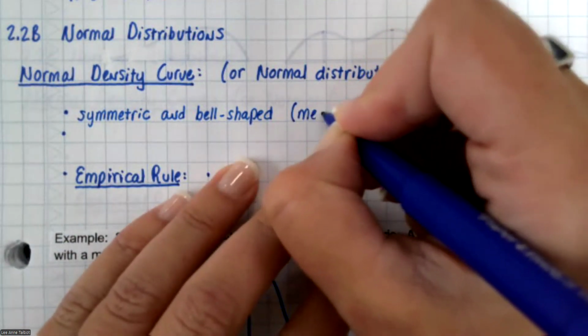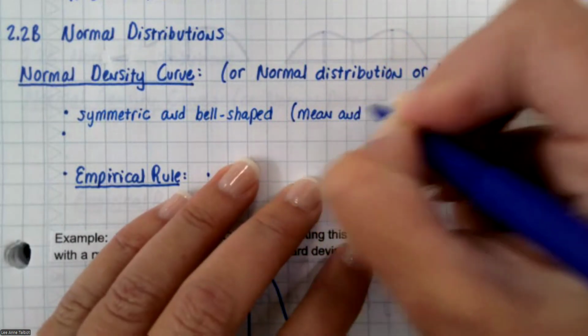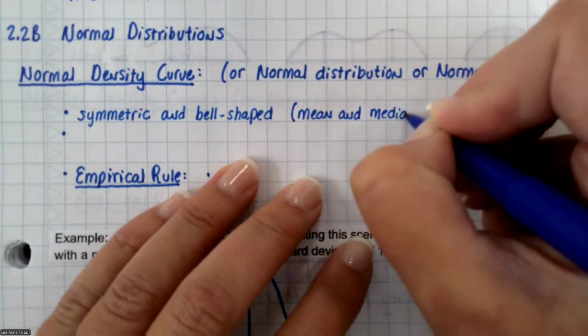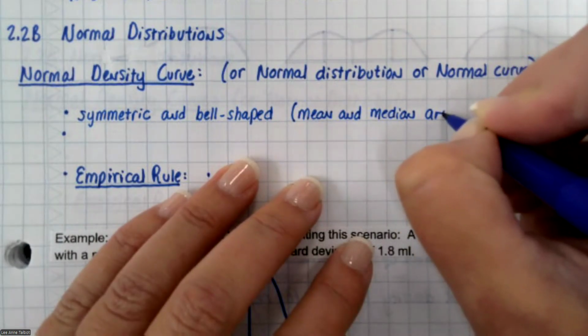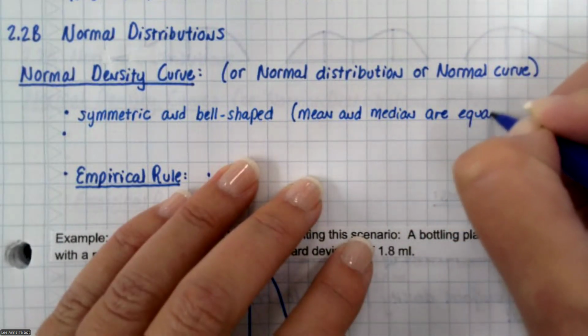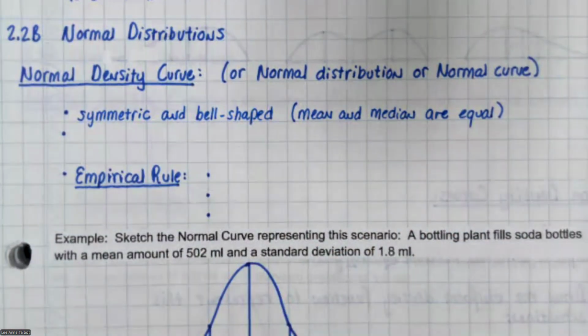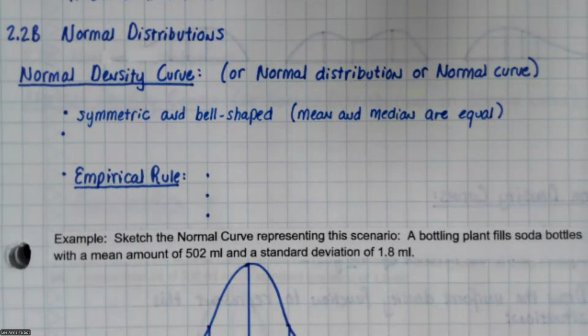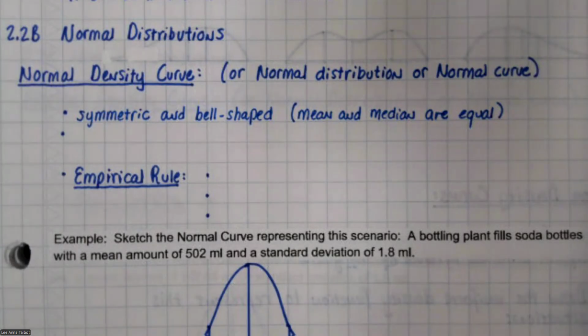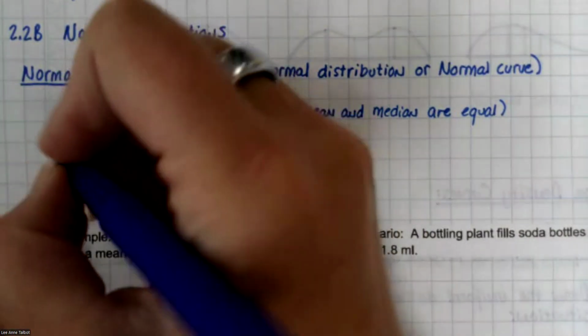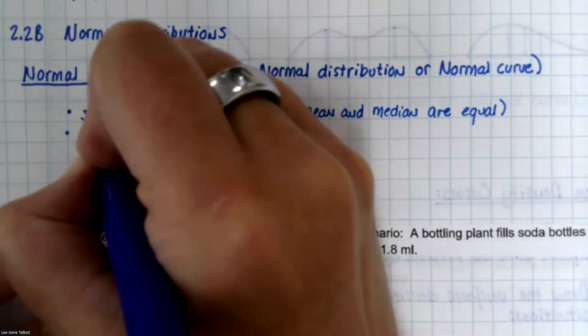Which means for us, the mean and the median are equal. And they're both going to be on that middle line. You can see my big curve back there. The mean, the median, and the mode will all be the same thing at 0 on that bell curve back there. And the other thing that you need to know is going to be fun for you.